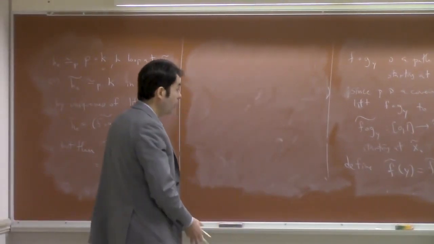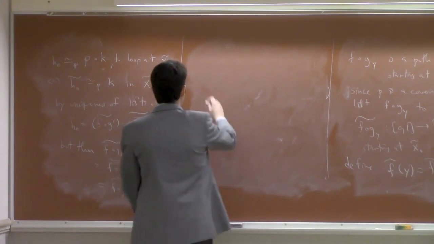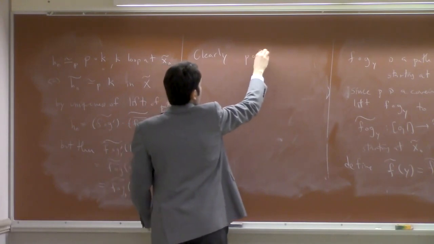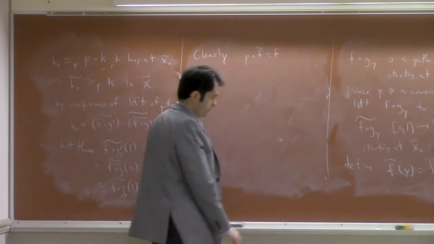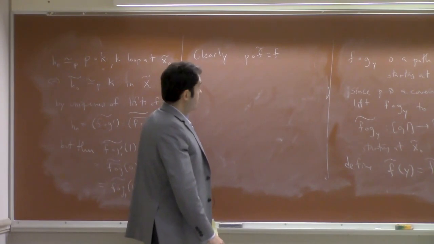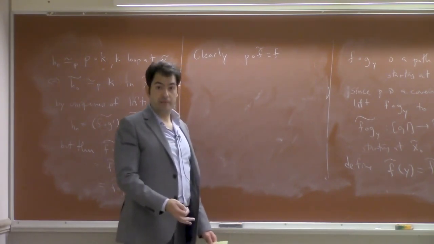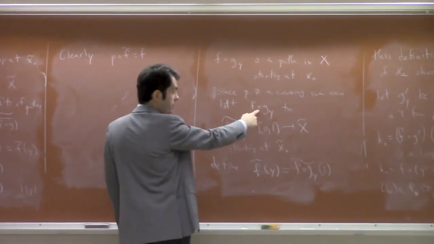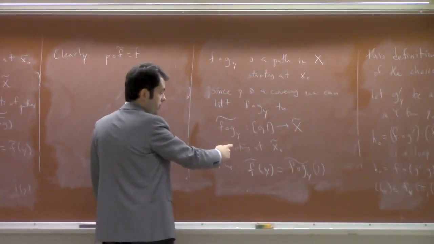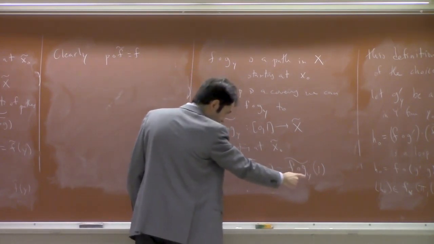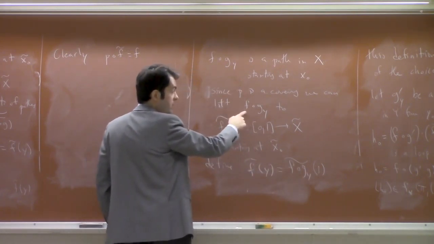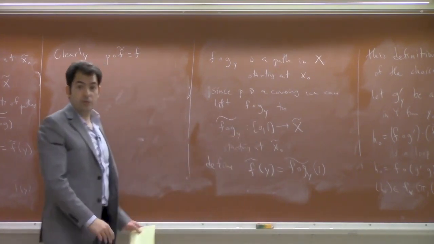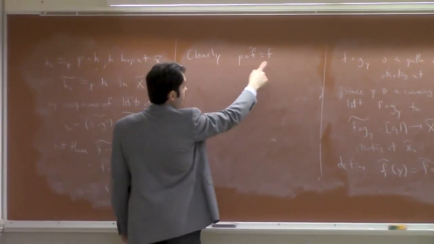So we have a well-defined map, and it's clear from the definition that it is a lift of f, right? And so you can see that, of course, because you're just lifting this path to a path in x tilde. So the right endpoint here lies above the right endpoint here, but that right endpoint is just f of y. Right? So it's clear that this is a lift of f.